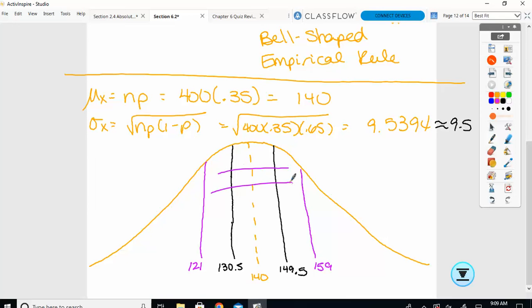So what percent of the data has to fall in here? If you're looking at your empirical rule, it said 95% of the data is between this and this. So that means 2.5% is here and 2.5% is here, right?